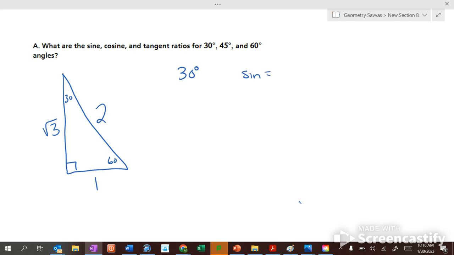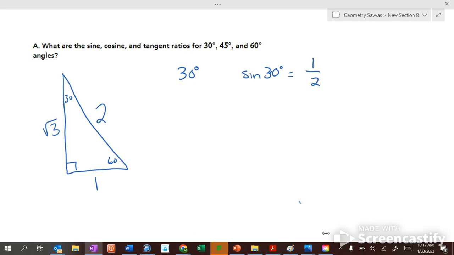Well, the sine is going to be my opposite side over my hypotenuse. What's the opposite side of a 30-degree angle here? 1. What's my hypotenuse? 2.